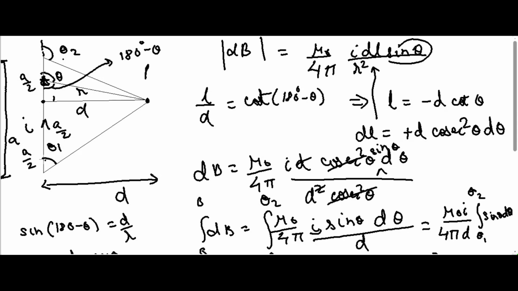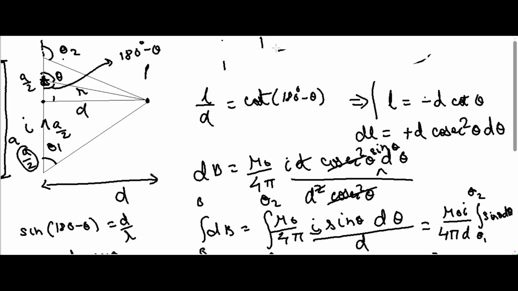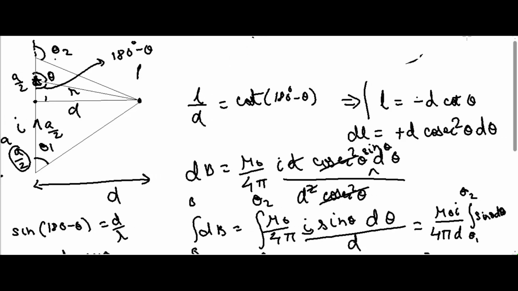So if these are a by 2, and this is d, then what will be cos theta 1?